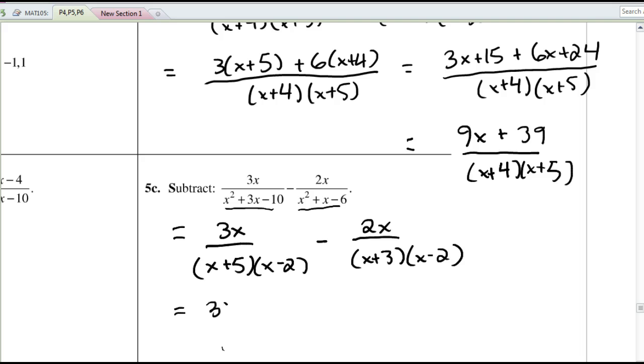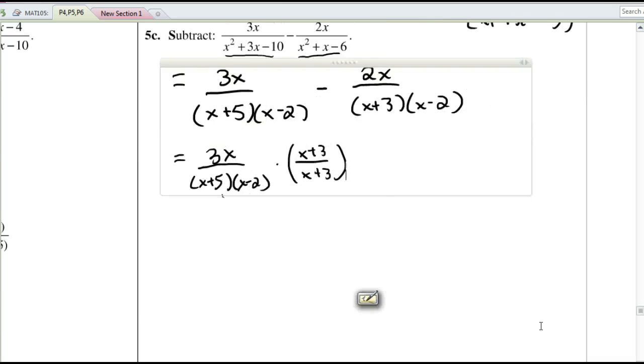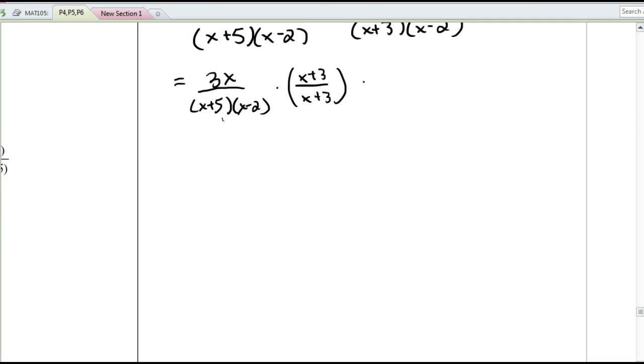So the first one we do 3x over x plus 5, x minus 2, and then we multiply by x plus 3 over x plus 3. The next one we have, sorry, I went a little too far.